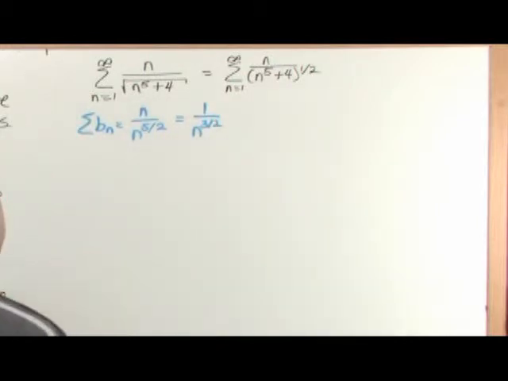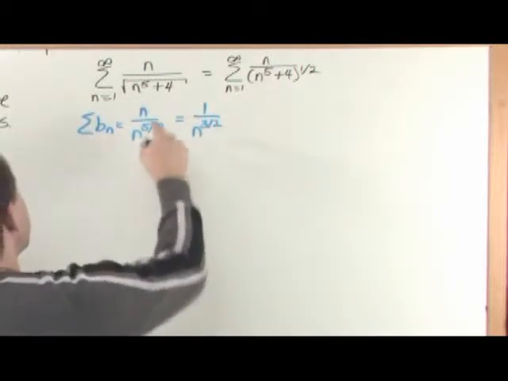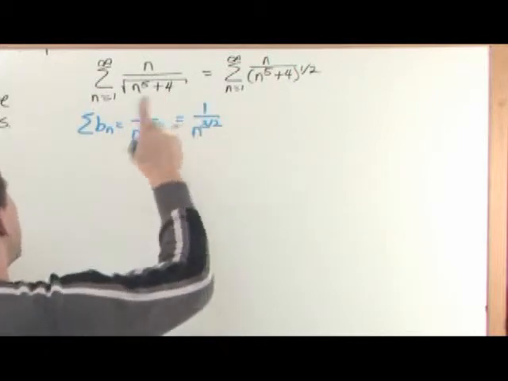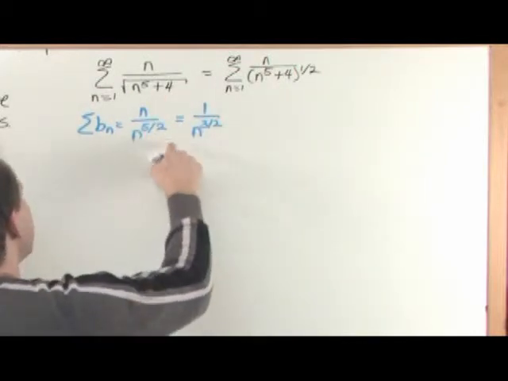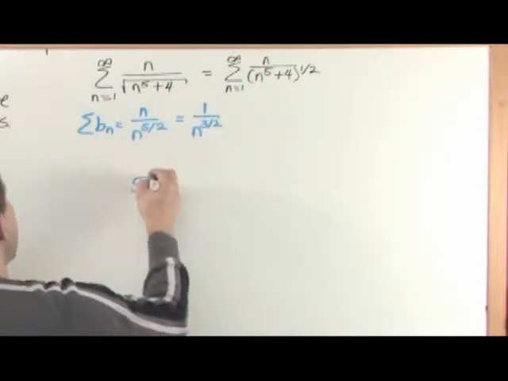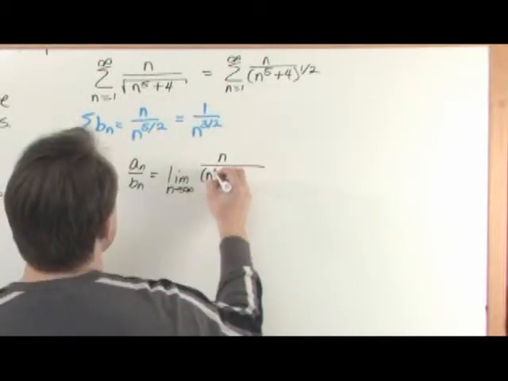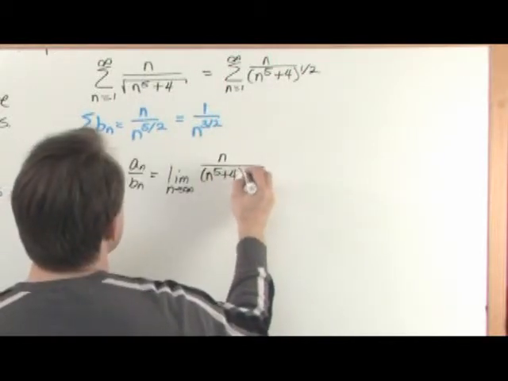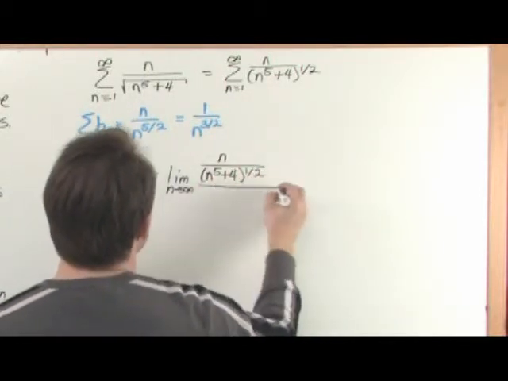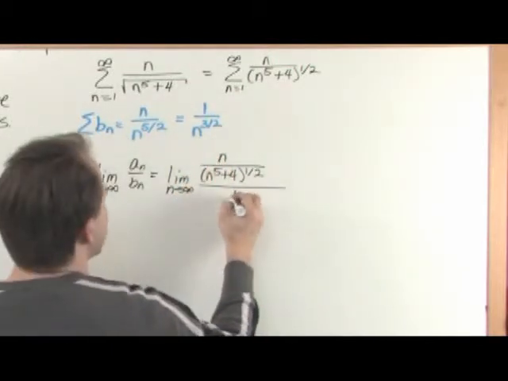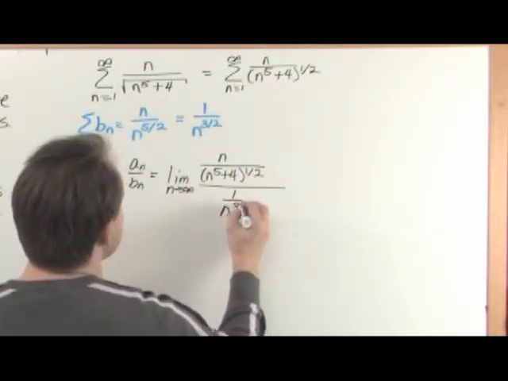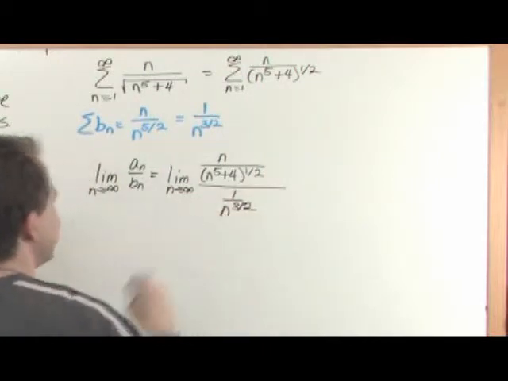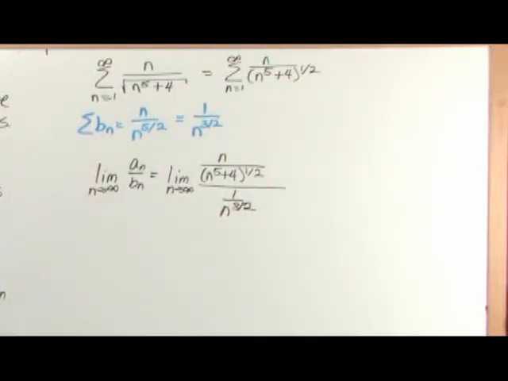You can see that it reduces to that because basically you strike this out and you're subtracting 1 from the bottom, so 5/2 minus 1 gives 3/2. Now the limit is a sub n over b sub n, which is n over (n to the 5th plus 4) to the 1/2, all over what I found for b sub n, 1 over n to the 3/2. And what I want to do is figure out what that limit equals.